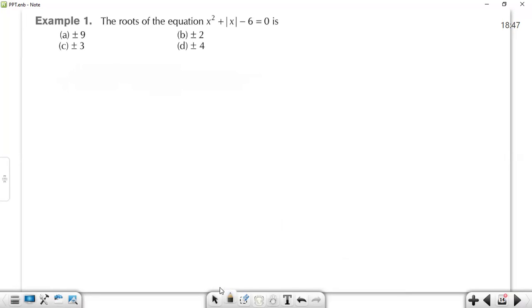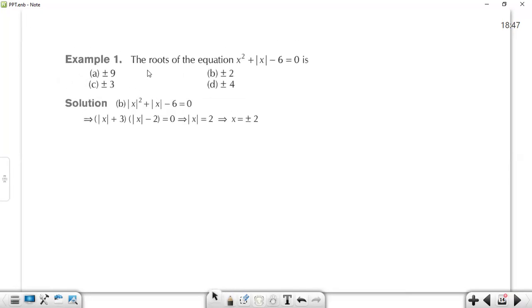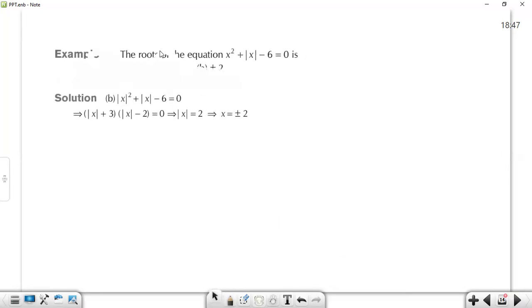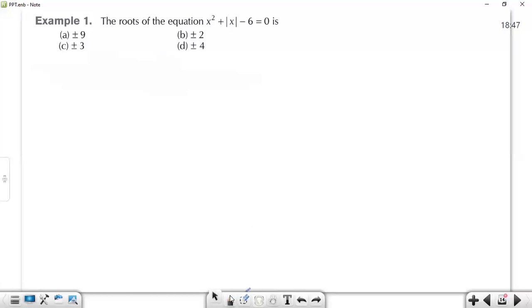Okay, so this is our first question. This is the first example. Let's solve it using the factorization method, not prime factorization.